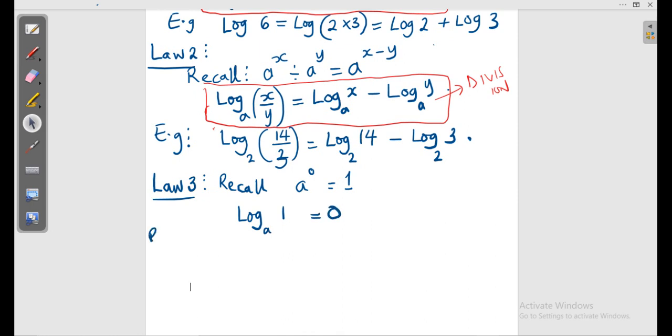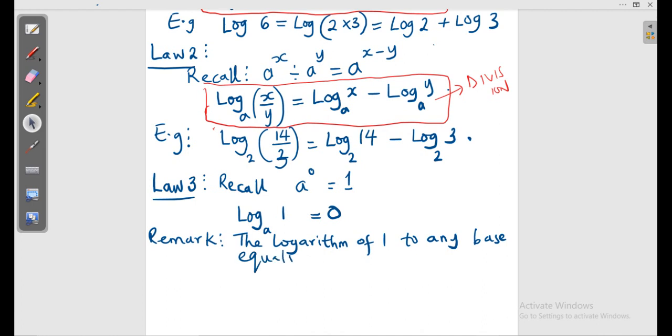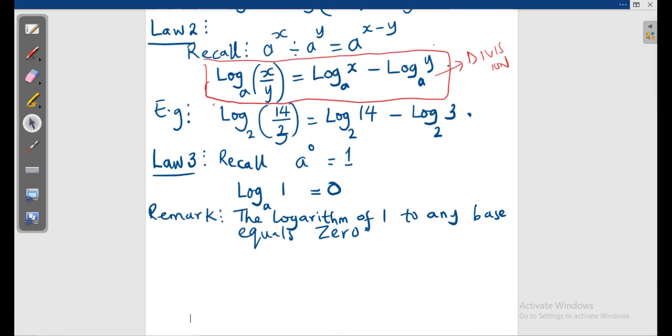So the remark here is this: the logarithm of 1 to any base equals 0. I'd like you to pause the video so that you can digest this law properly. That the logarithm of 1 to any base whatsoever will give you 0. So let's also highlight that.